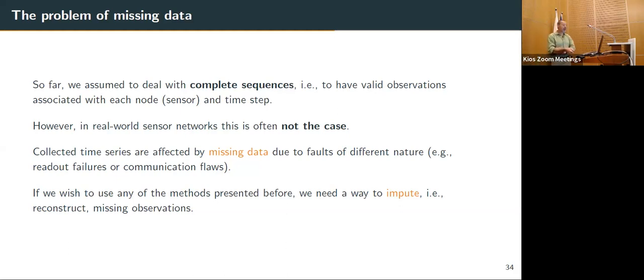This one is called imputation, which means reconstruction of missing data. There are many techniques. We have been working with Christos and Marios within the iSense project on these things, but having a dependency, having a graph, gives much better results.